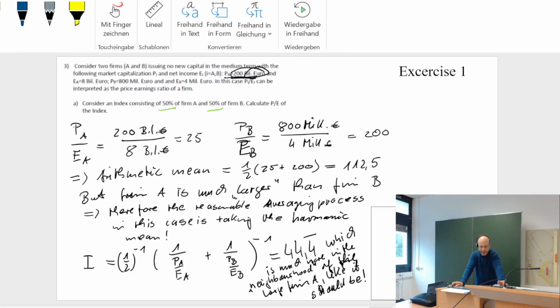So these were then two examples from economics where we have to use, or where we should use, other averages than the arithmetic mean.